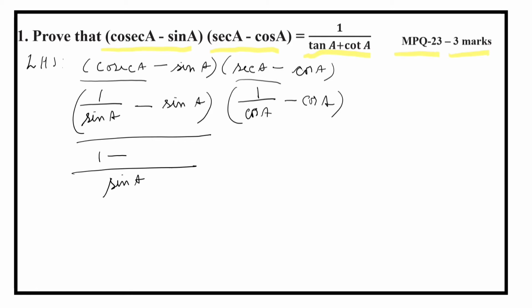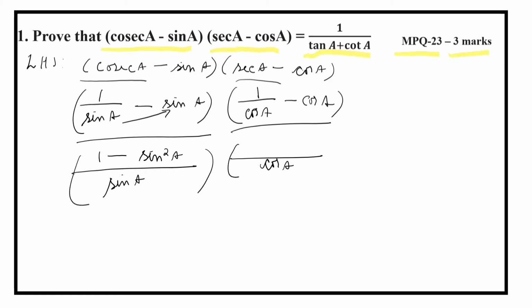Here the LCM is sin A: 1 minus sin square A, into, here the LCM is cos A: 1 minus cos square A. Here we can use the identity sin square A plus cos square A is equal to 1.